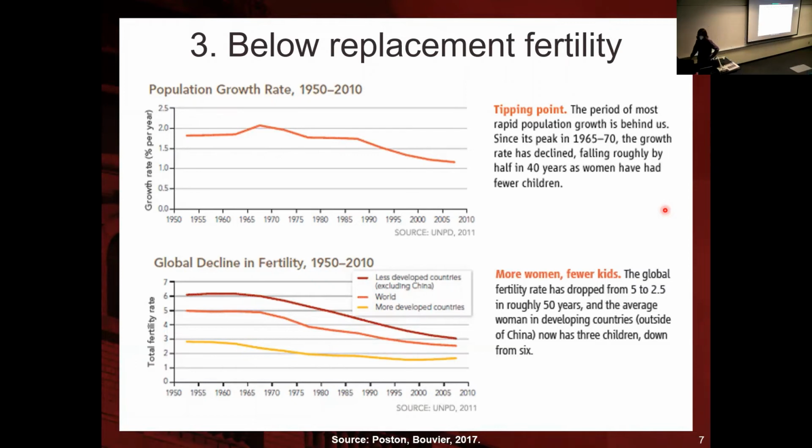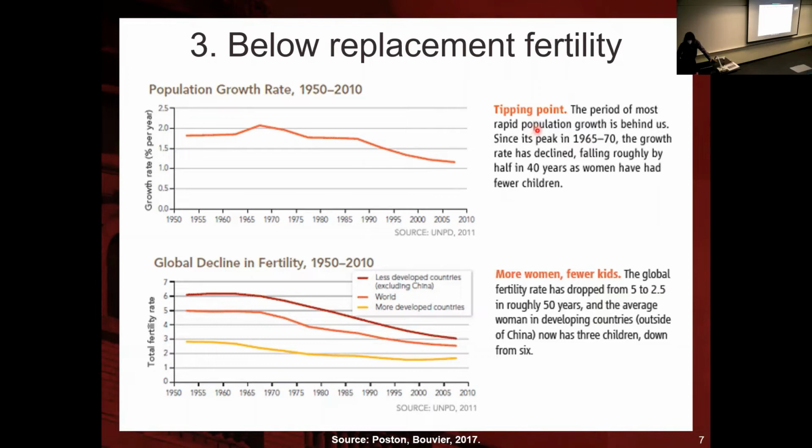More specifically, in this graph, we are seeing the population growth rate from 1950 to 2010. So the population growth was around 1.8% per year back in the 50s. It increased to more than 2% in the 70s, and then it started to decline.